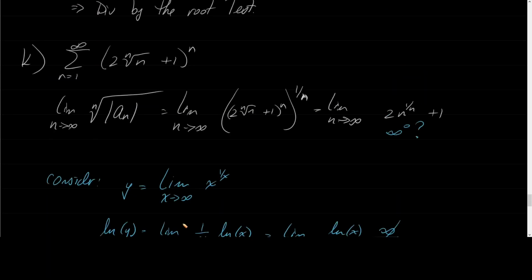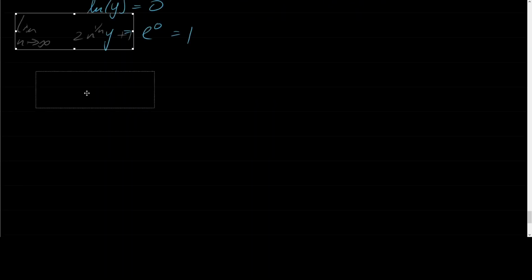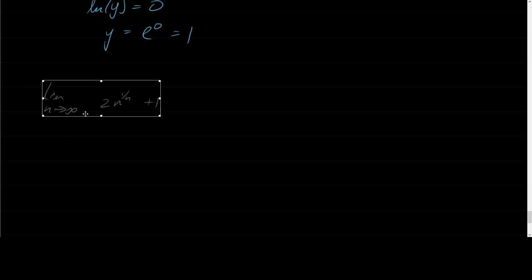So how's that helpful? What we just found out is, hold on, let me copy and paste this real quick down here. This piece right here goes to 1. So now we can say that this becomes 2 times 1 is 2, plus 1 is 3.